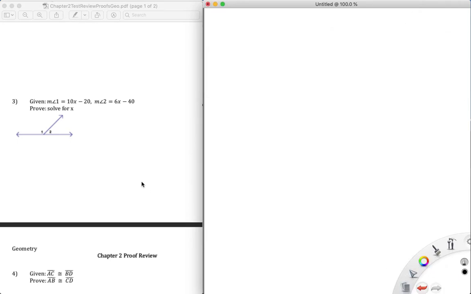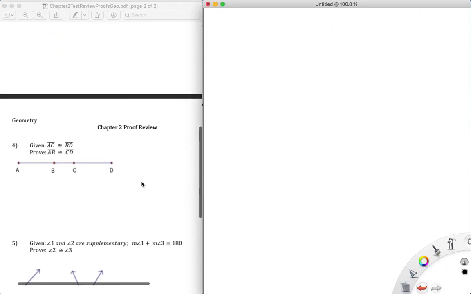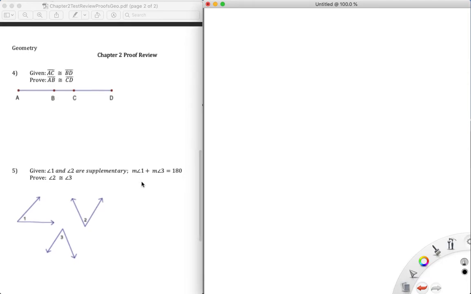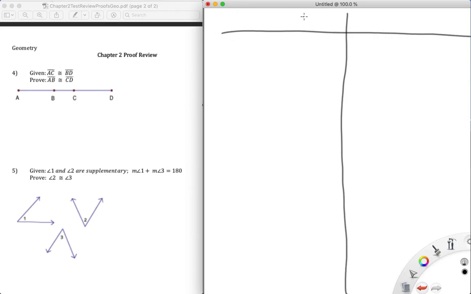Proof number 4. This gives me these segments, and it tells me that segment AC is congruent to segment BD.